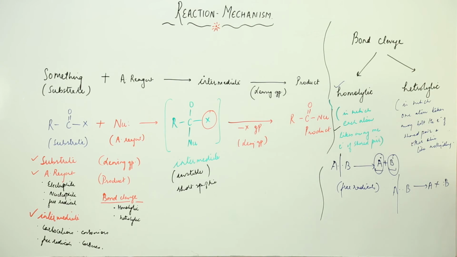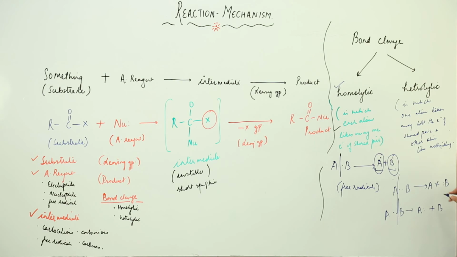One more thing, it can be cleaved the other way too. Don't think that I am being partial and just giving the electrons to B. It's not a hard-and-fast rule. It can be cleaved this way also, that A takes both the electrons and B is deprived of any electron.